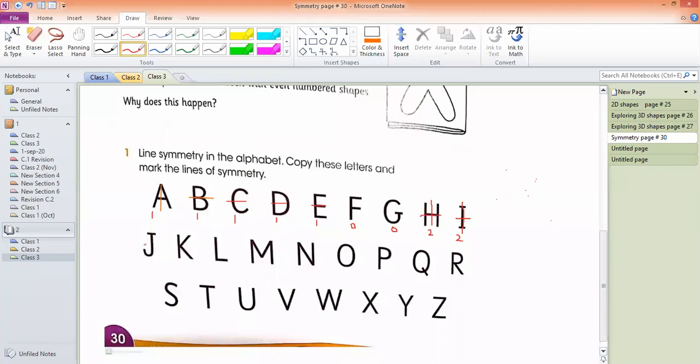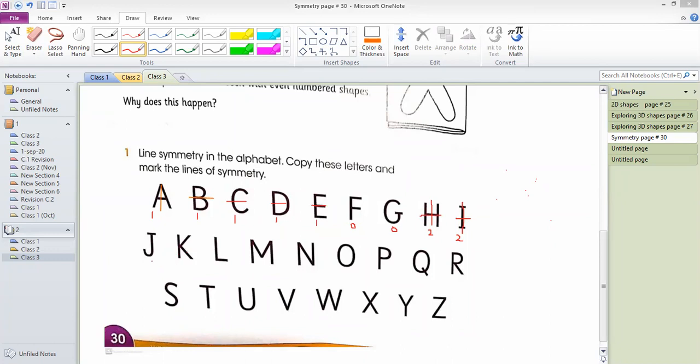And if you want to make it horizontal symmetry, you can see this part is different than this part on the top and the bottom. So you can easily say that J does not have symmetry. Is that clear, guys? So we will write here 0.